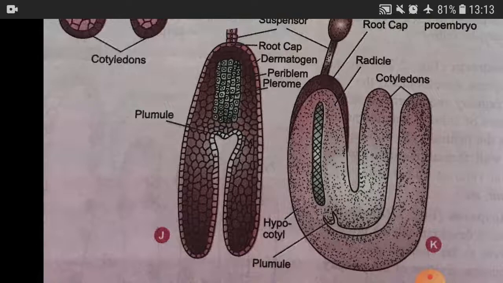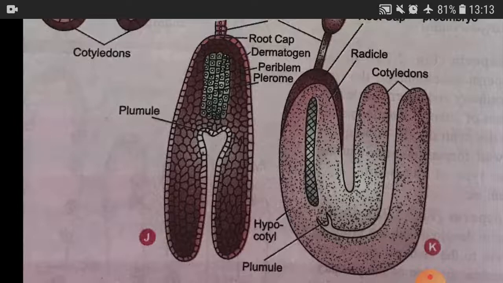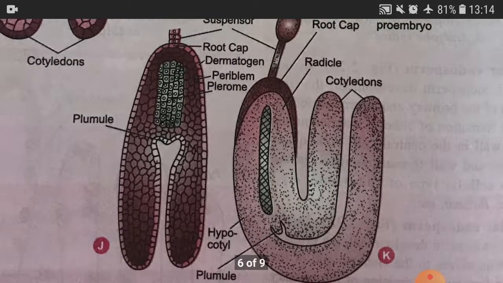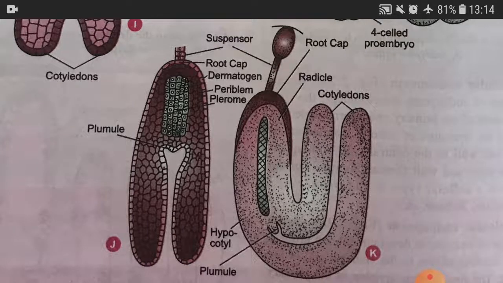So this is how the complete development of the dicot embryo takes place. You can see here these stages which are displayed on your screen. Here you can see the two cotyledons, the plumule, the radicle, then the root cap, everything you can see in the last diagram.